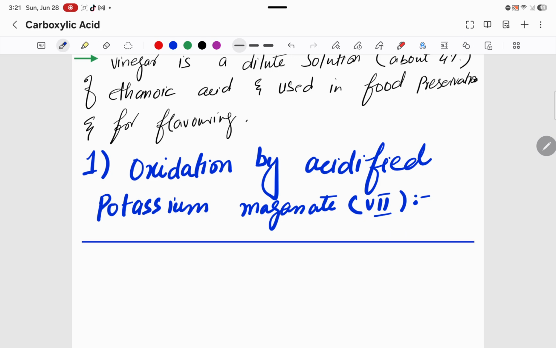We know that this thing is an oxidizing agent.